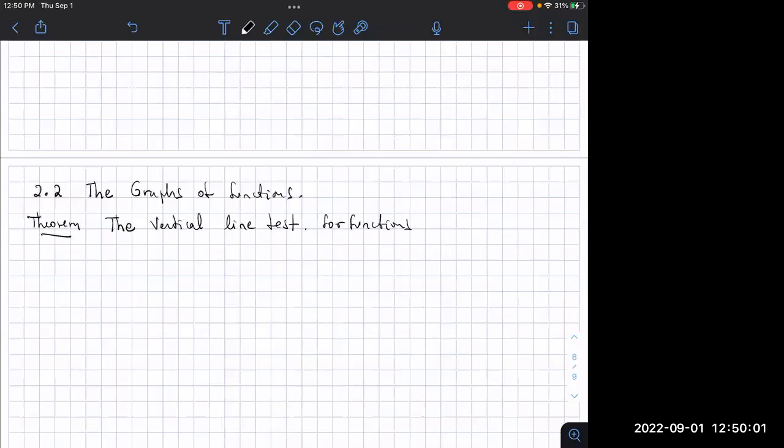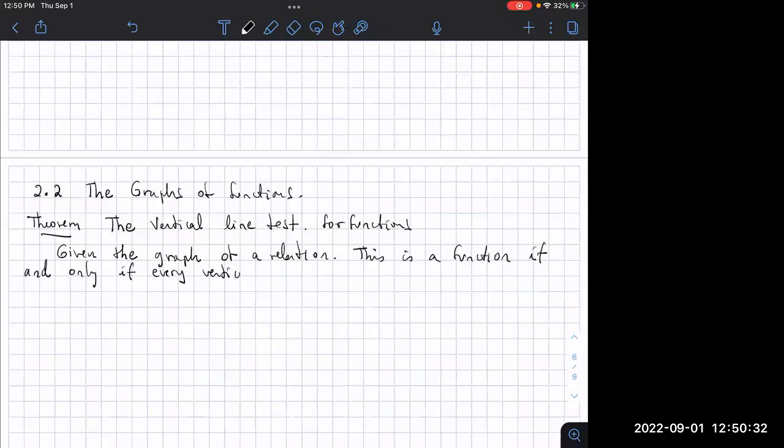Given the graph of a relation, this is a function if and only if every vertical line intersects the graph at most one point.